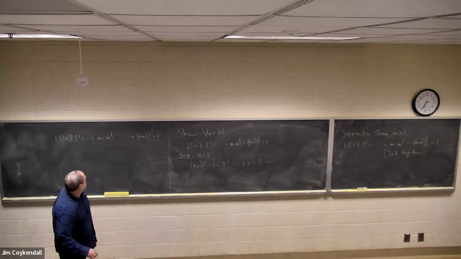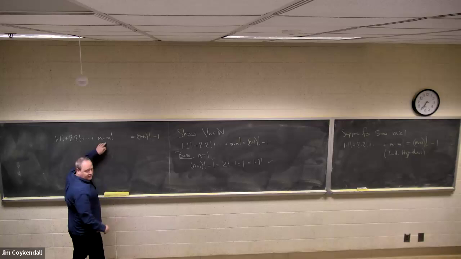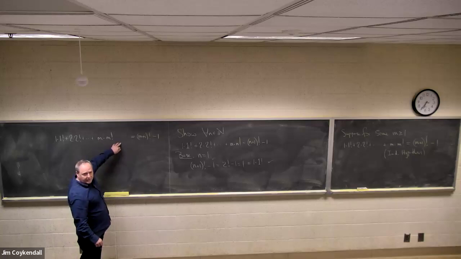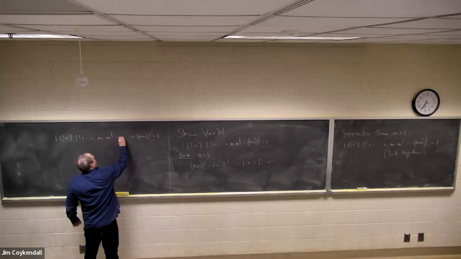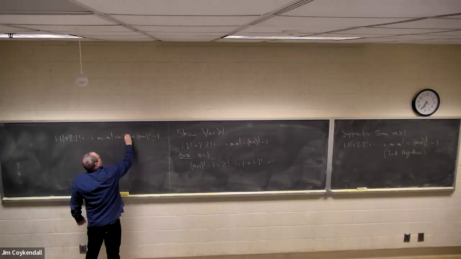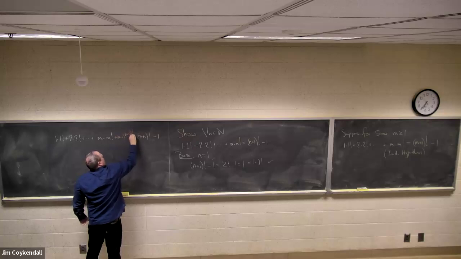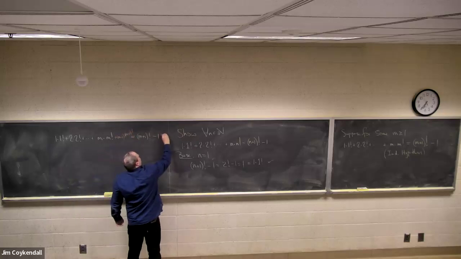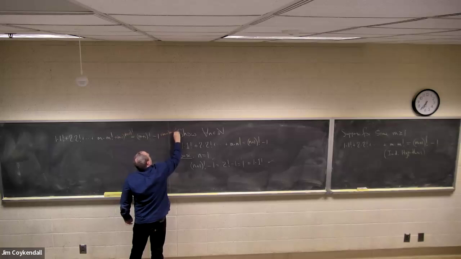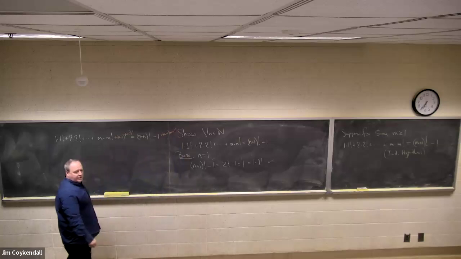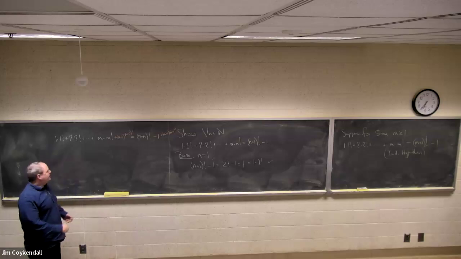Any ideas what we might try to do here? The next step in this is (m plus 1) times (m plus 1) factorial, right? And this is algebra, folks. So better add it to both sides.